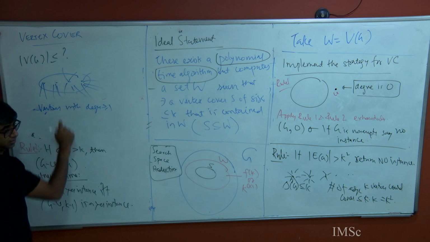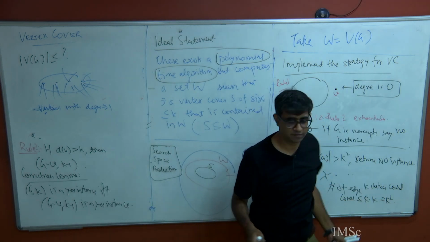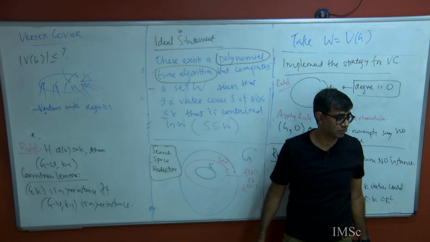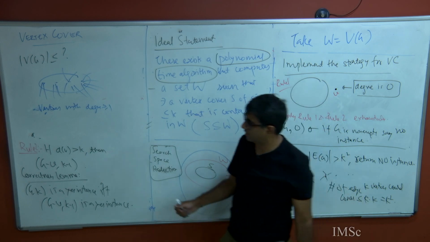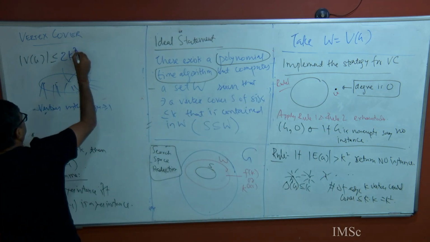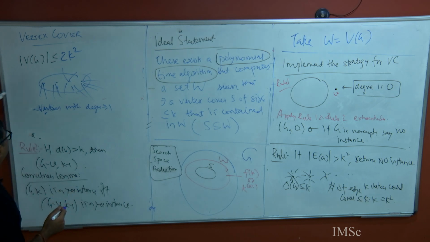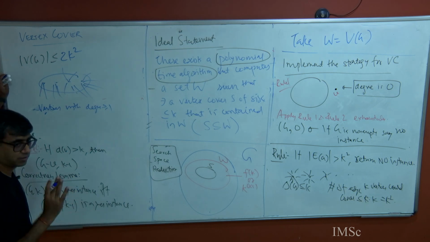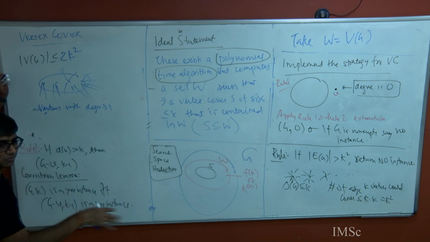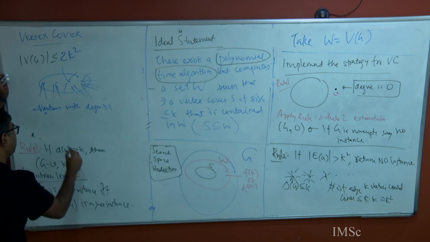This argument is why we needed to delete all degree 0 vertices, otherwise I can't bound V(G). Right. So, V(G) is, everybody is right, roughly 2k square. So the vertex set is upper bounded by 2 times k square, because that many edges count both endpoints. Fine. So, what is our W?